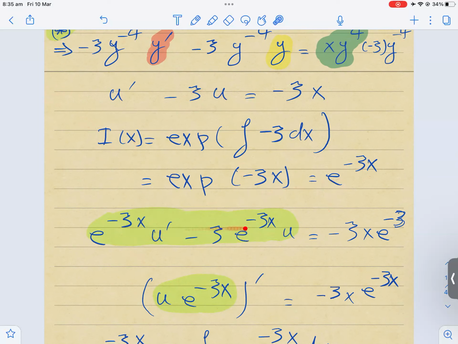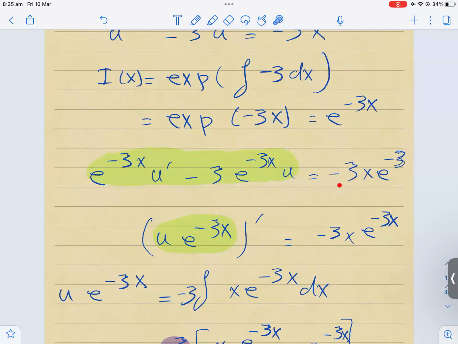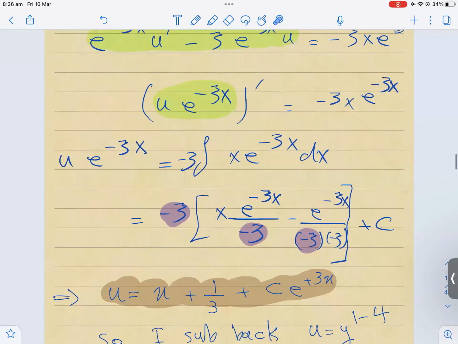The green highlighted can be written as one expression here. I shouldn't say these things because you have learned this from 1120. Then I integrate both sides of this equation, and I will get minus 3 times the integral of x times e to the minus 3x.